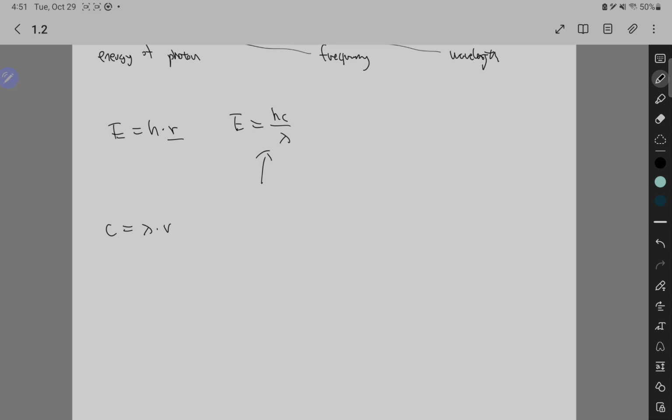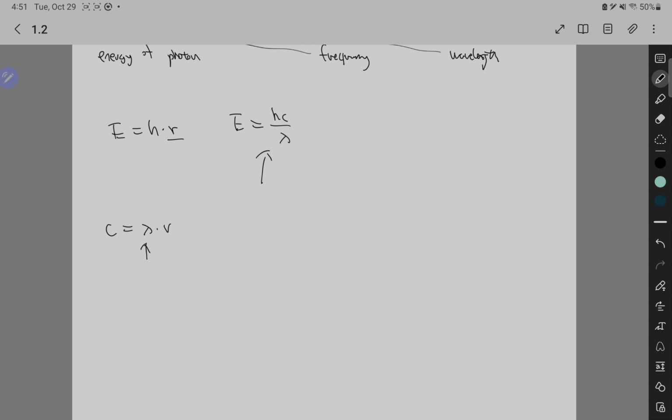Since c is constant, if we have a longer wavelength, there's going to be a lower frequency, and vice versa. If we have a higher frequency, we're going to have a shorter wavelength.